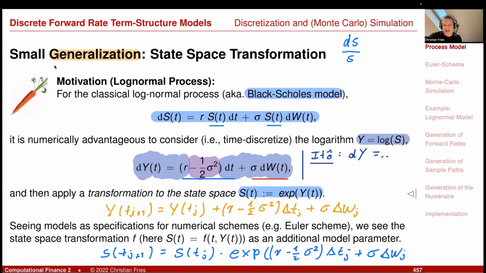So I like to generalize my Euler scheme by allowing that there is some kind of state space transformation. So I introduce a function f and f inverse that transforms the original variable to the variable that I would like to discretize, and then the back transformation that transforms the discretization back to the original value.